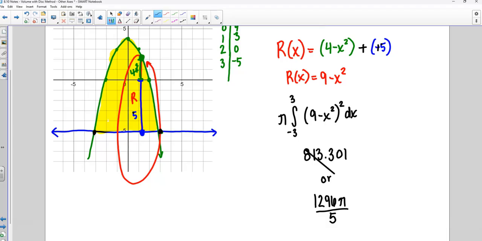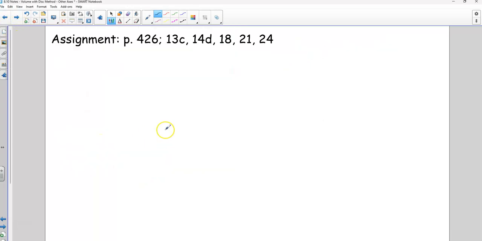I want you to do a few of the ones from the homework by hand, but I'm going to let you use the calculator on some of them as well, because it can get really tedious figuring all of that out. So your assignment is these 5 problems: 13C, 14D, 18, 21, and 24.